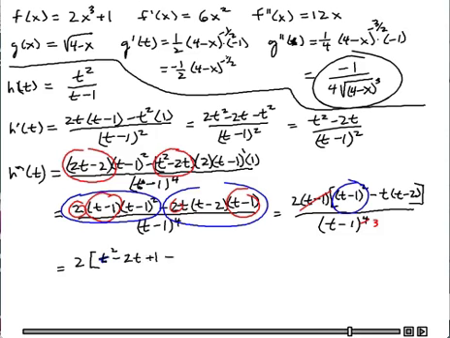And then I'm going to go ahead and distribute that minus t into that quantity. So I have a minus t squared plus 2t and over (t minus 1) cubed.